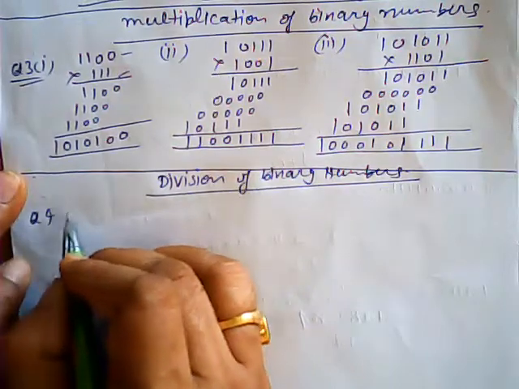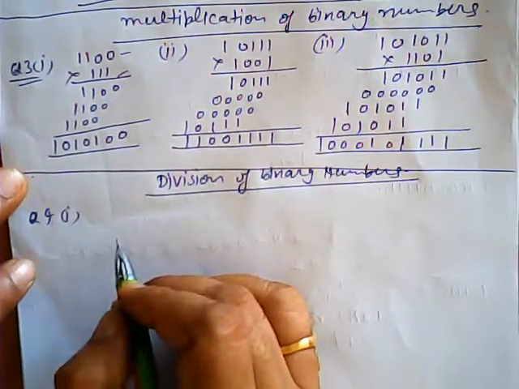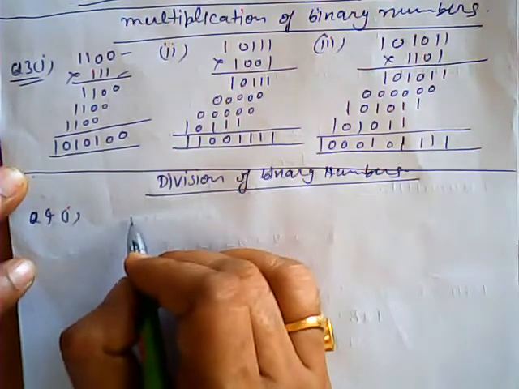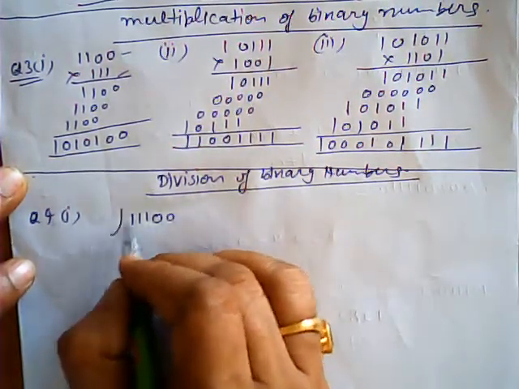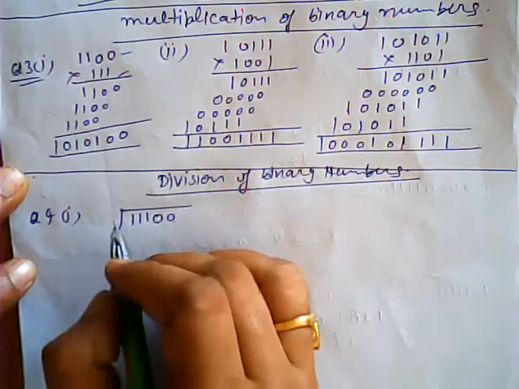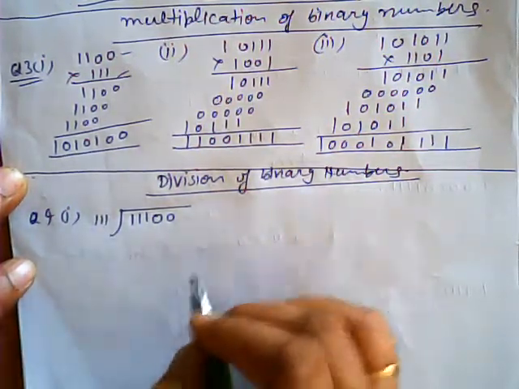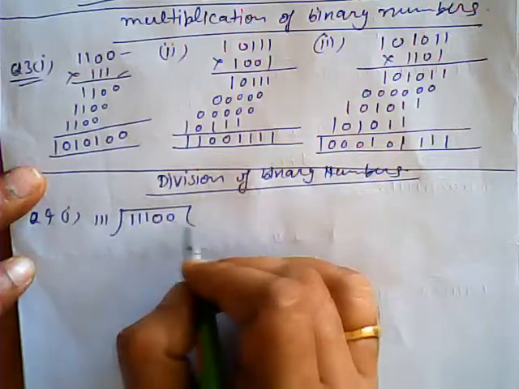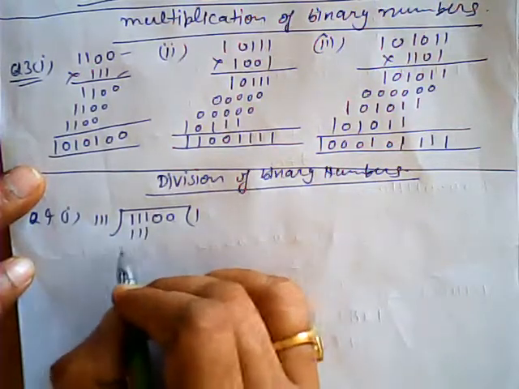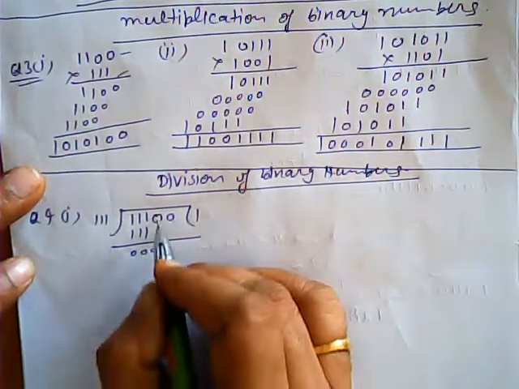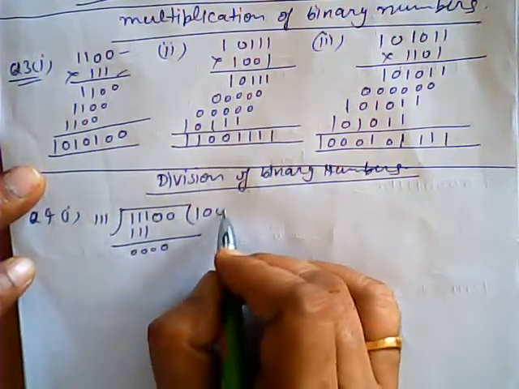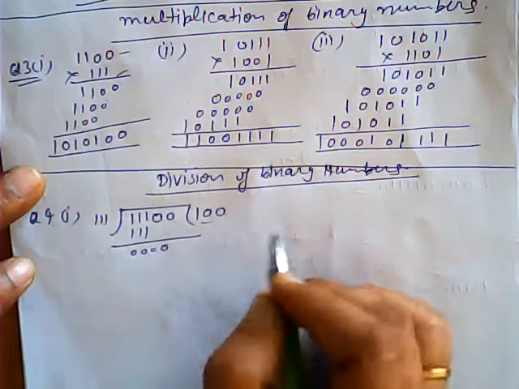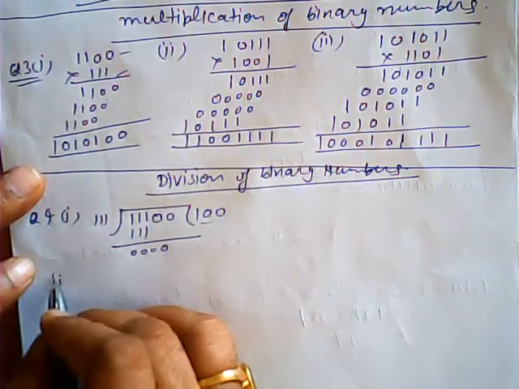Question number 4, first part. 1 1 1 0 0 divided by 1 1 1. So it is 1 1 1 1 times 1 1 1. So what is remaining? 0 0 0. This 0 means here 0, this 0 means here 0. So the division of this is this one. Second part.